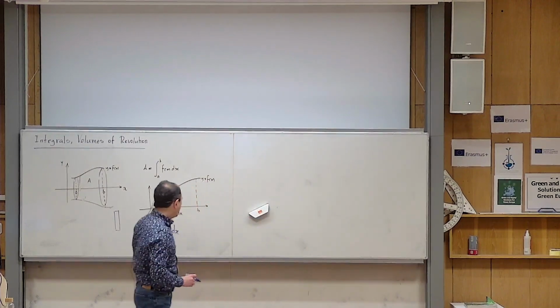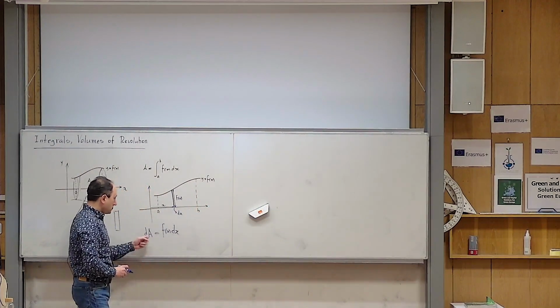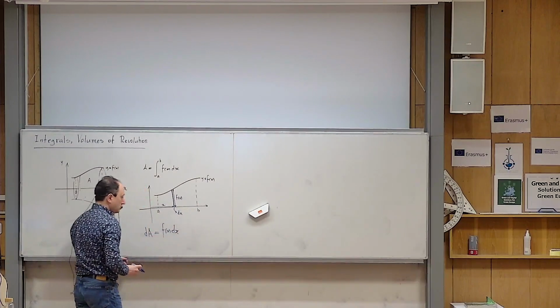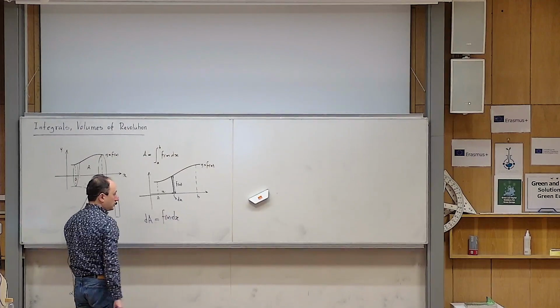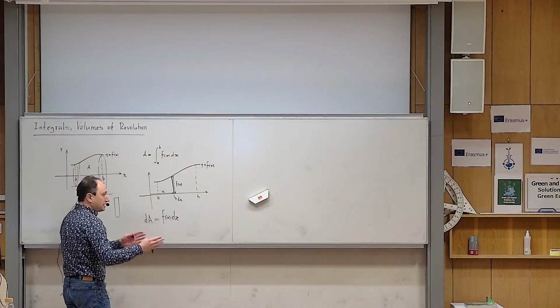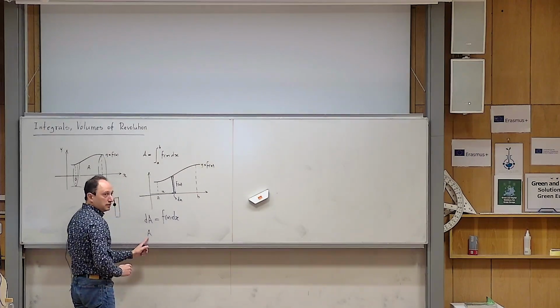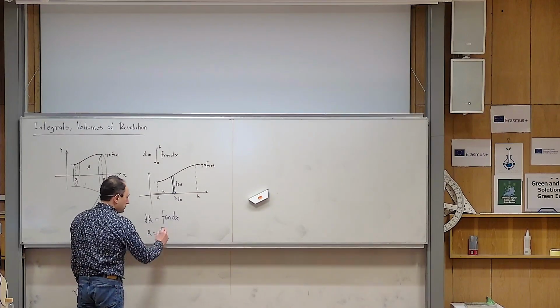But here you have a continuum. So you want to add these areas to find the total area. On the other hand, you know that you are working with infinitesimals. I have infinitely many of them. So if I want to find the area, the sum, which I usually do with sigma, turns into an integral.